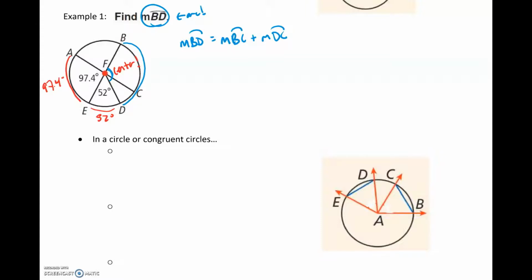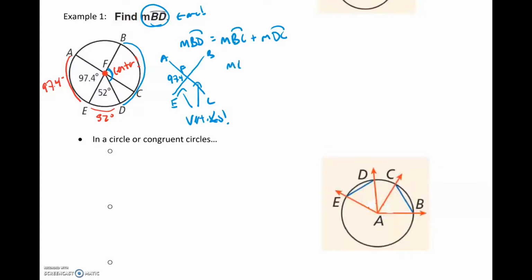But wait a minute. I see something very familiar. Let's just take out these two angles, AFE and BFC. If this is 97.4 here on the left, and this is an intersection, we've got vertical angles. And we know vertical angles are always congruent.